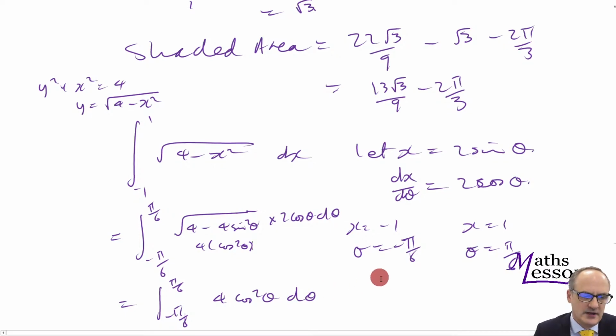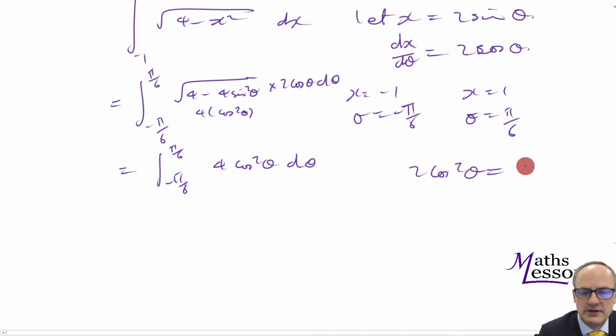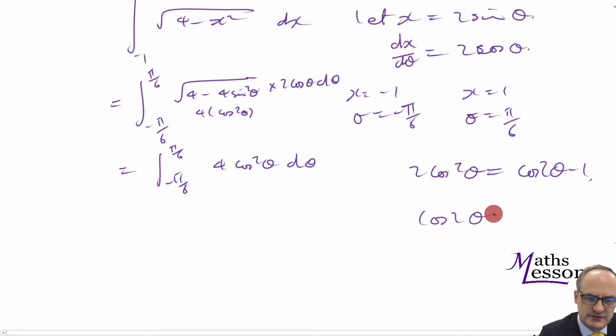And then what we're going to do is use a trig formula to make this simpler to integrate. So we're going to use the fact that 2 cos squared theta will equal cos 2 theta minus 1. I got that from 2 cos 2 theta equals 2 cos squared theta minus 1, and just rearranged it.